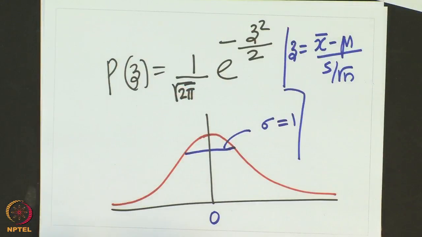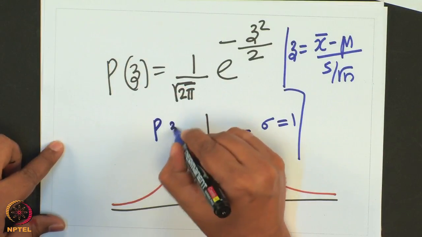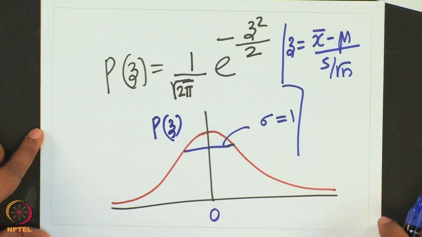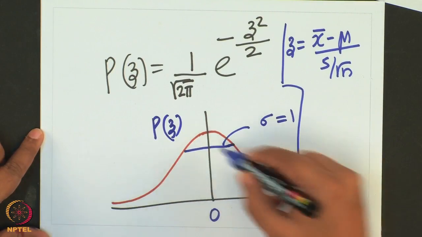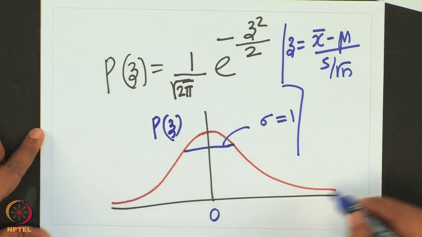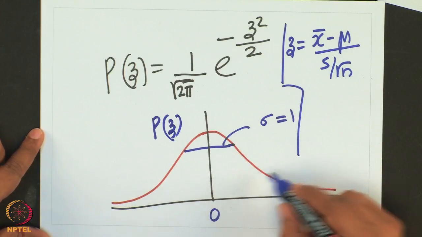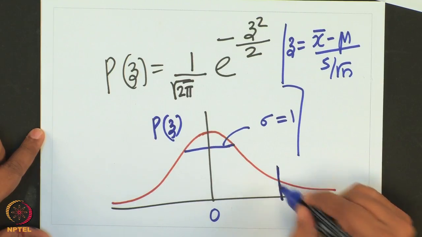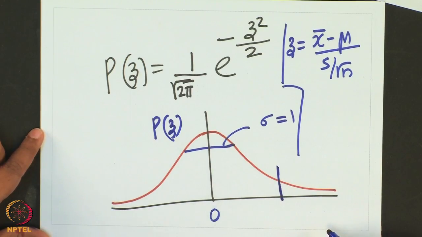Look at this again. What is plotted here is P of z. We are saying that z could have any of these values, and there is a probability of getting any of them. But if you get a very large value of z, which is very likely to be far away from the mean, then it is very likely that your null hypothesis can be rejected.